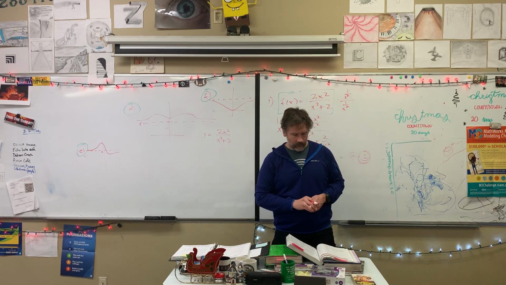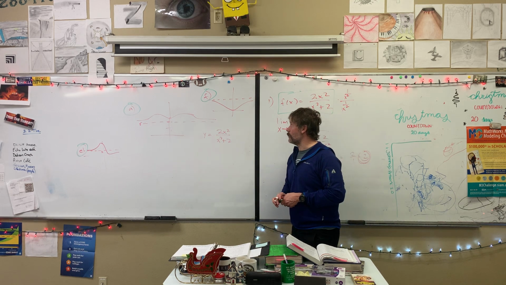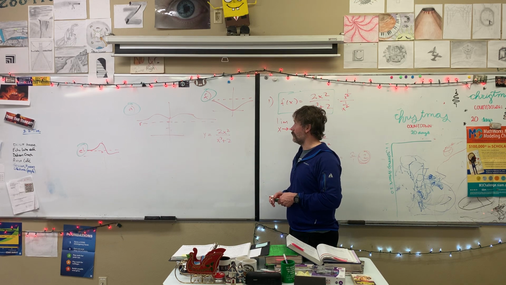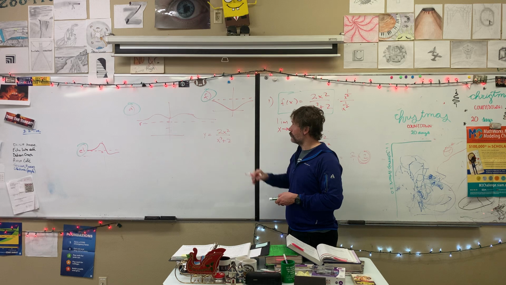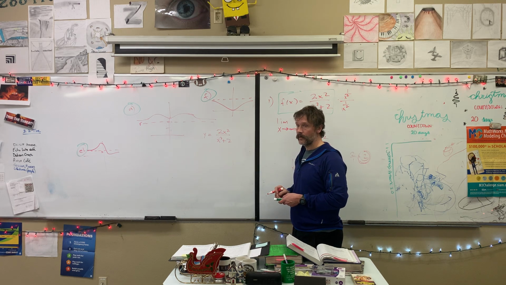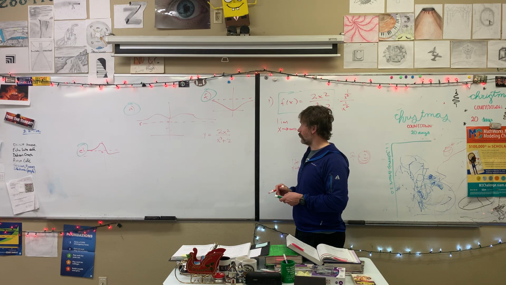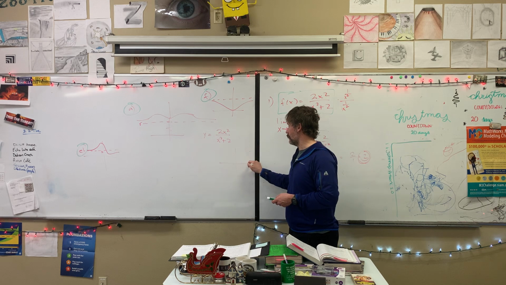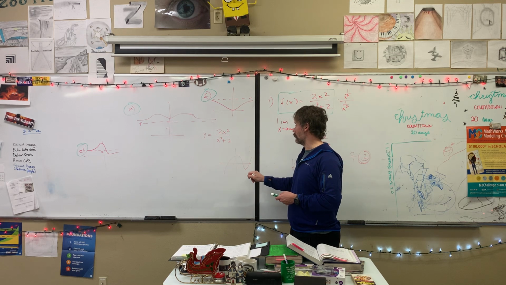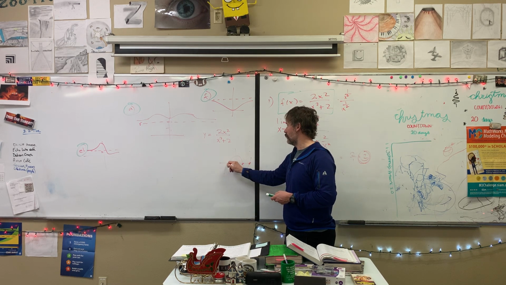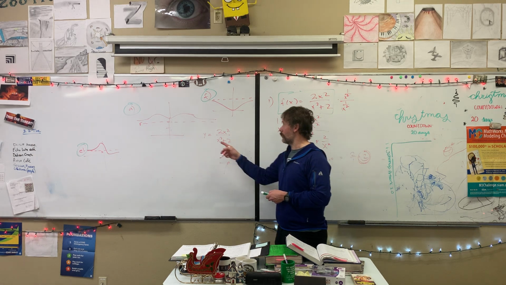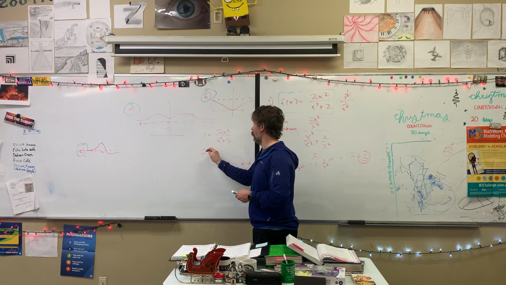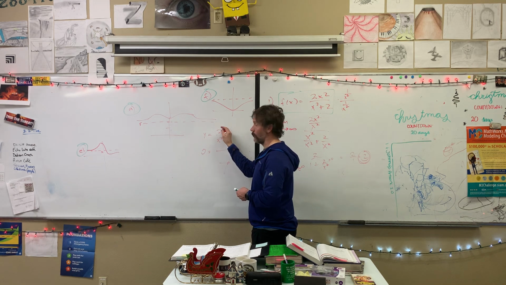So then the other thing you can look at is, can we find out where it crosses the x-axis for this equation? Wherever a graph crosses the x-axis, what's your y value? Your y value would be 0. In order to make the y value 0, you would need your numerator to be 0.